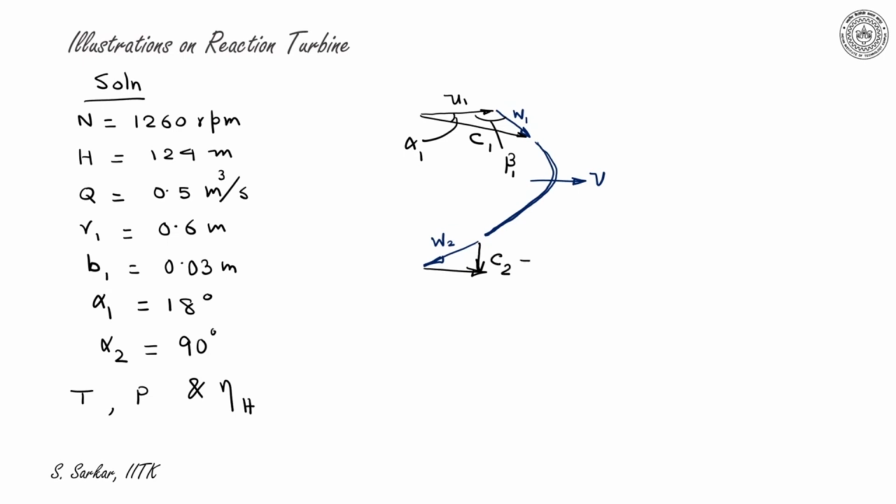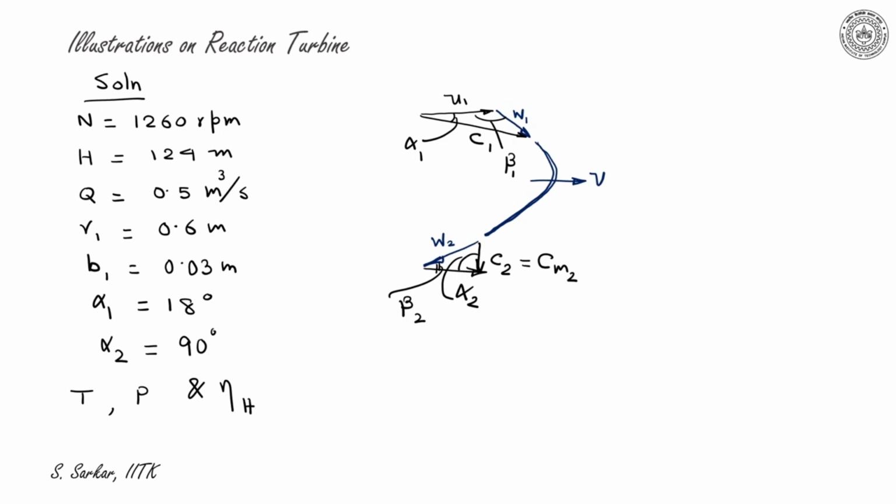C2 is nothing but Cm2, and this alpha 2 would be equal to 90 degree. There is no swirl at exit. This angle is beta 2. So I have drawn the velocity triangle for a Francis turbine.